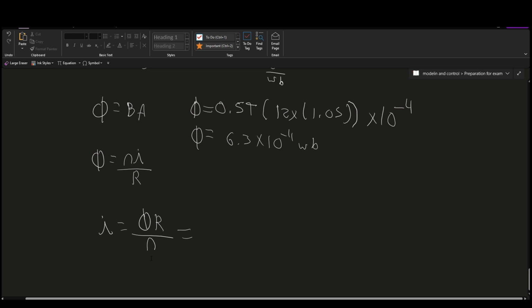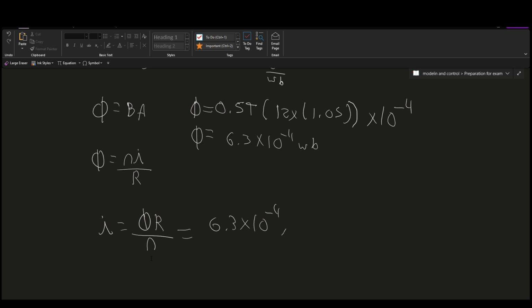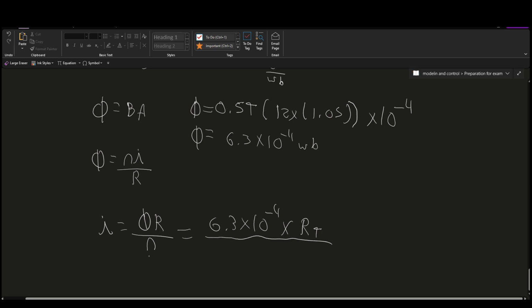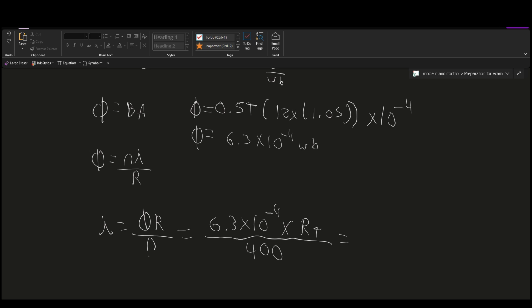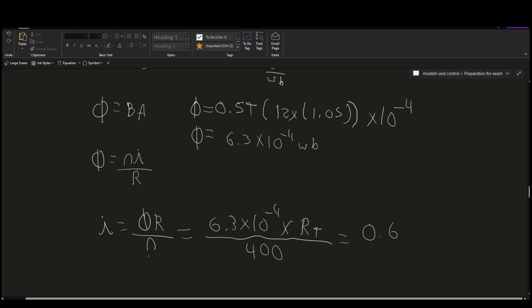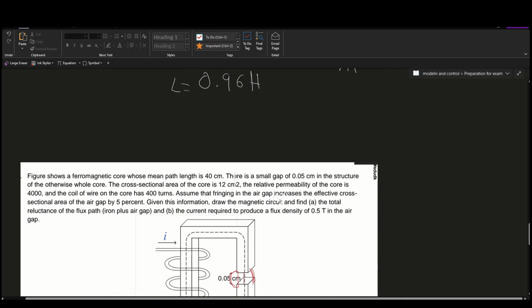So we have 6.3 times 10 to the minus 4, that is our flux. We multiply it by our total reluctance, I'm just going to write RT because it's a big number, and we have 400 turns. So if we calculate all of this, we get a current of 0.6 amperes.